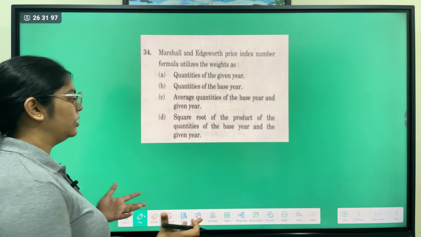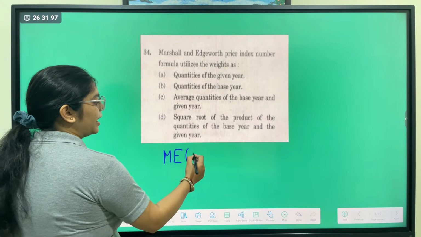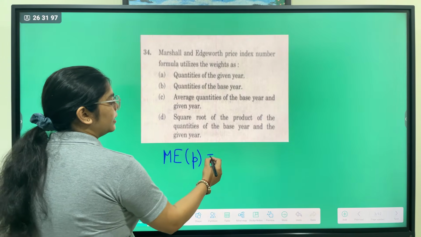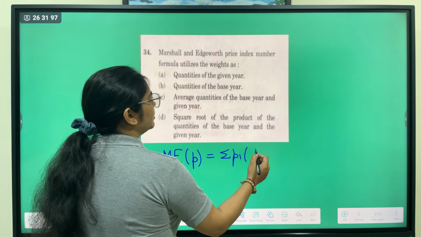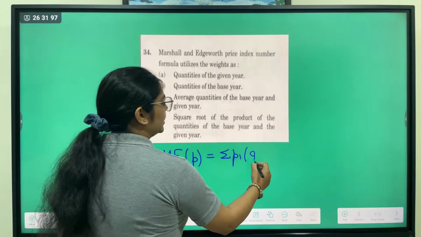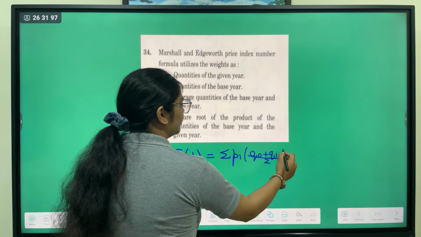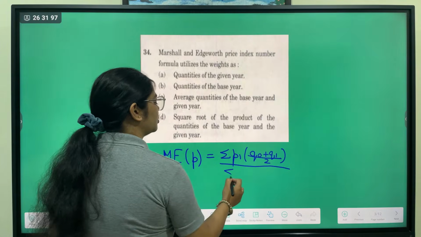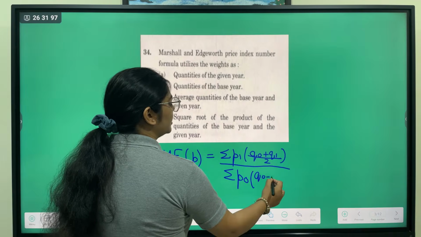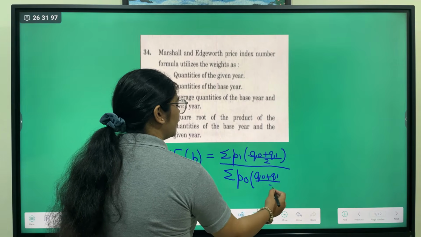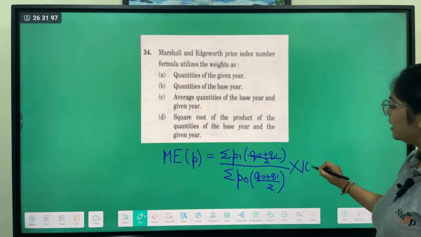From the formula only, we know that when we calculate the Marshall and Edgeworth price index number, it will be equal to summation P1, the given year price, with the average of quantities (Q0 plus Q1) upon 2 as the quantity, upon summation of P0, which is the base year price, with (Q0 plus Q1) upon 2 as the quantity, the weight, into 100.